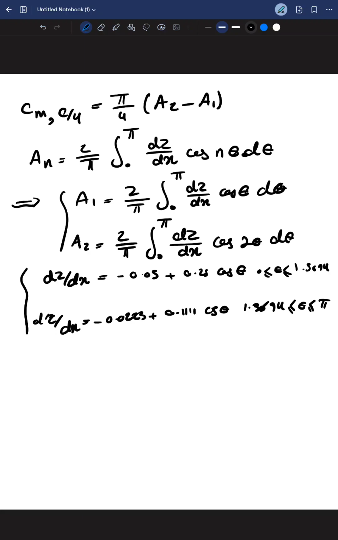Okay, so for A1 and A2 we just have to plug everything inside these integrals, and we'll be able to find a solution.